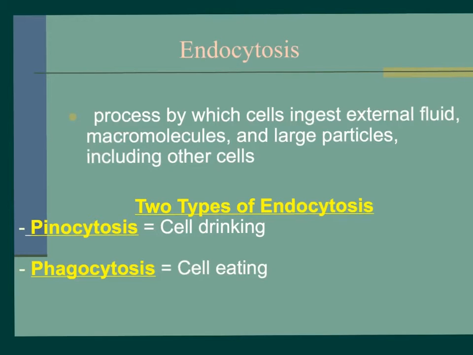There is pinocytosis, known as cell drinking or bringing liquid into the cell, and there is phagocytosis or cell eating, which is bringing solid into the cell. Phagocytosis is the term that is most familiar to most biology students, as we hear that white blood cells phagocytize various foreign bodies that infect the body.